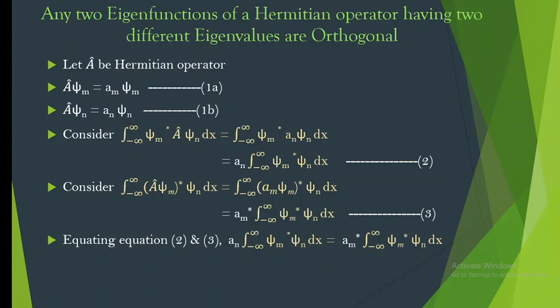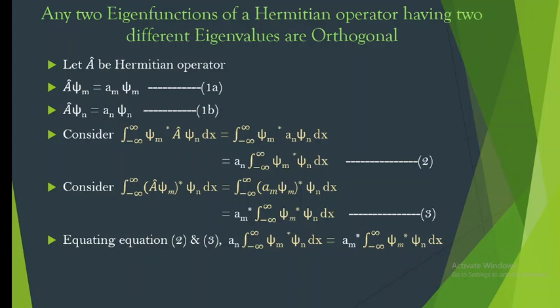So in equation number 2 and equation number 3, the LHS parts are nothing but the Hermitian operator conditions. So these two can be equated because we have considered A cap to be a Hermitian operator. When the LHS are equal, it means that the RHS also can be equated. So I am equating the RHS of equation number 2 and equation number 3.